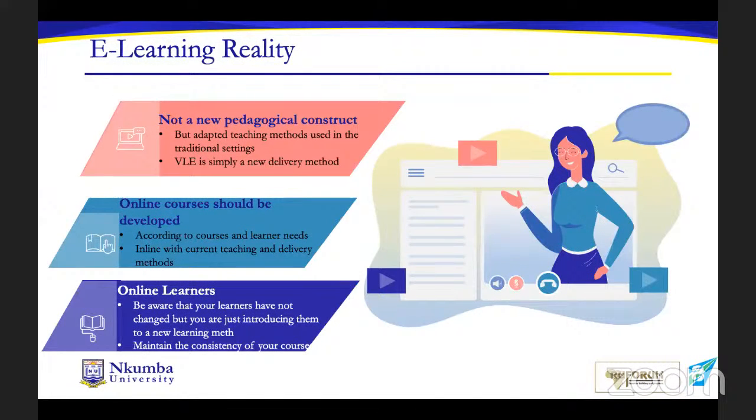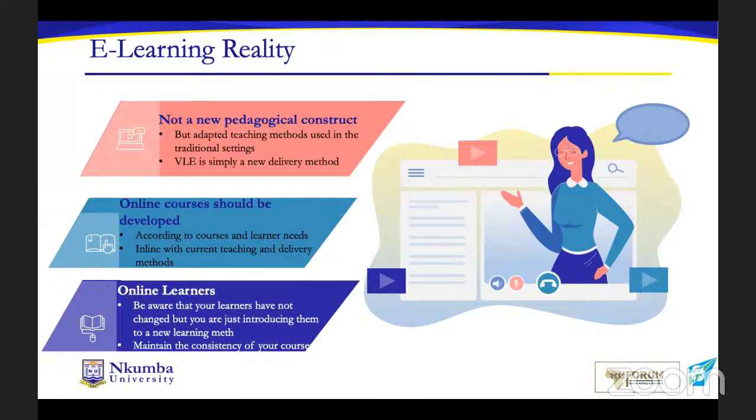E-learning is being looked at as a new pedagogical construct by many people out there. But they never take time to think that all that is done in e-learning is just the adapted teaching methods used in the traditional setting.